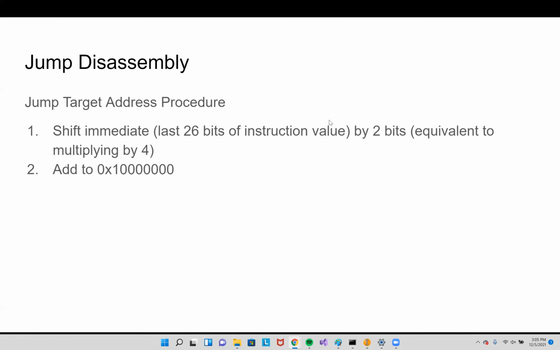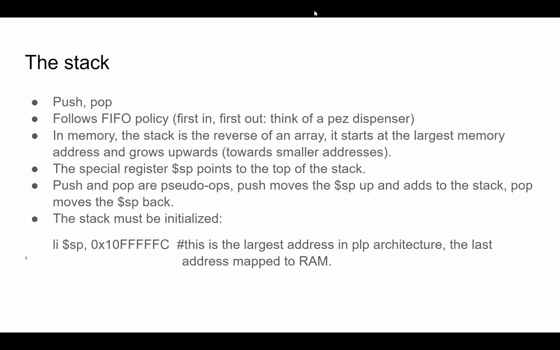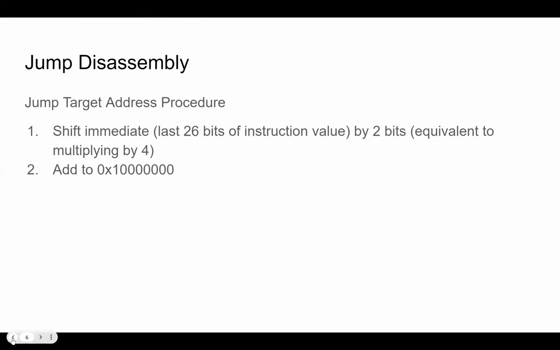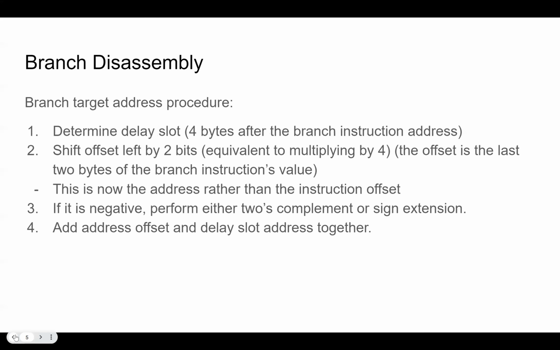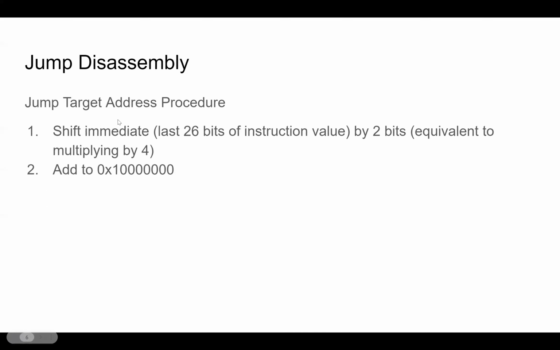For the branch disassembly, if the offset is negative, then you just do the two's complement. So you just flip all the bits and then you add one. For jump disassembly, I'm not sure how that would work. Just move on. Yeah, sorry.